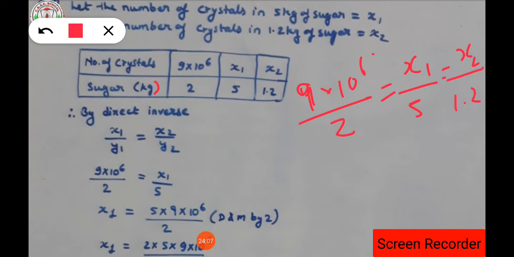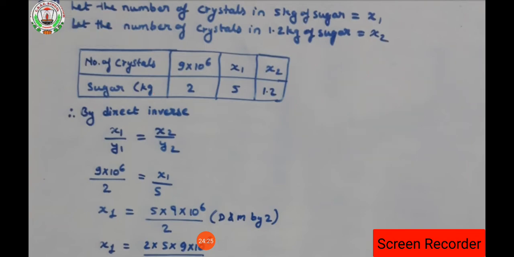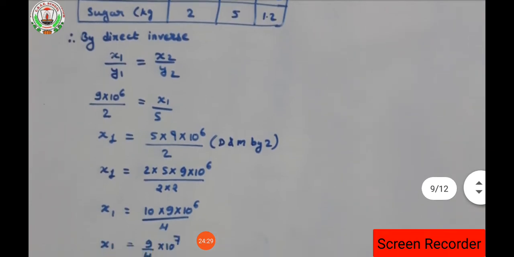So this 9 into 10 to the power 6 upon 2 is constant for x1 upon 5 and also constant for x2 upon 1.2. By using this, we are going to find the value of x1 and x2. Clear?